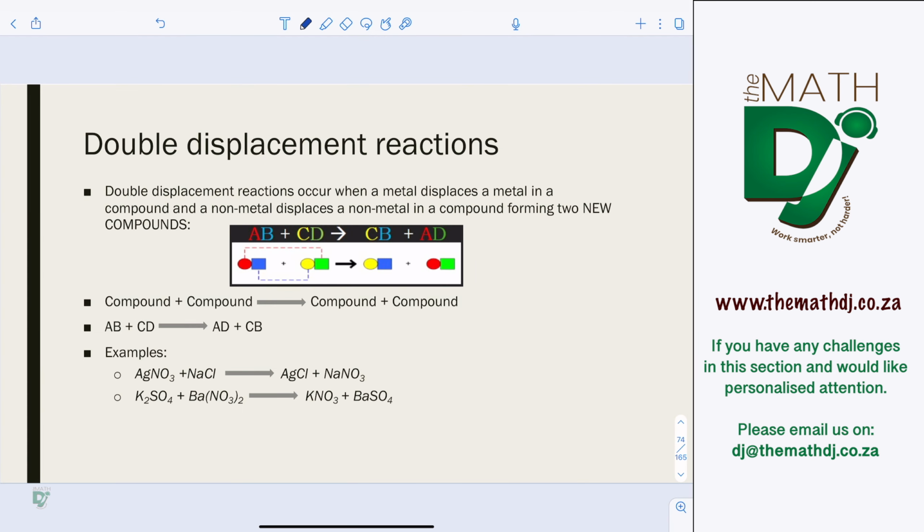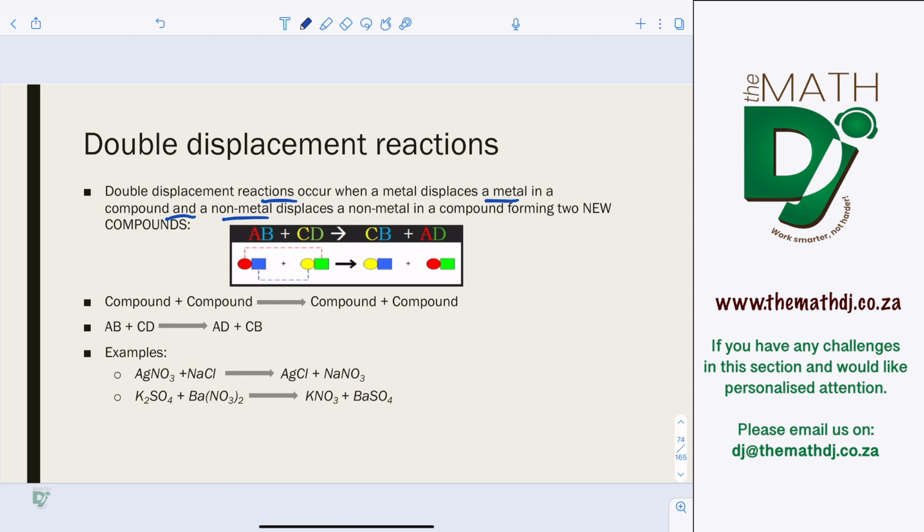Double displacement reaction occurs when a metal displaces a metal in a compound and a non-metal displaces a non-metal in a compound, forming two new compounds.